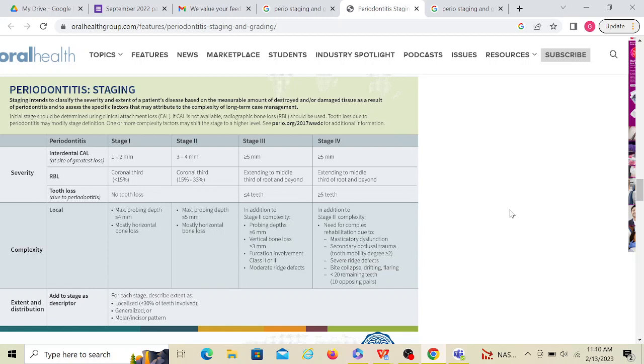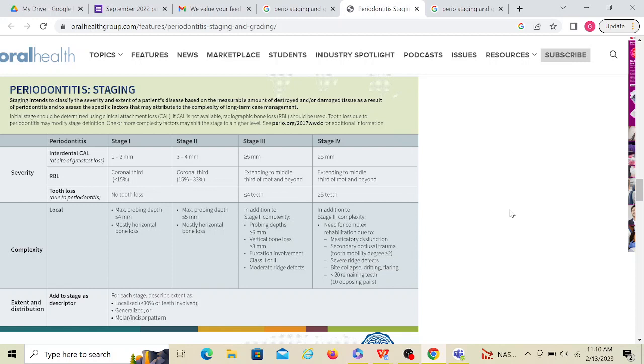Let me give you an example for you to understand in a better way. A patient comes to you and you are now probing the gums to see how much recession has happened, whether you find a pocket, and whether you find a furcation.